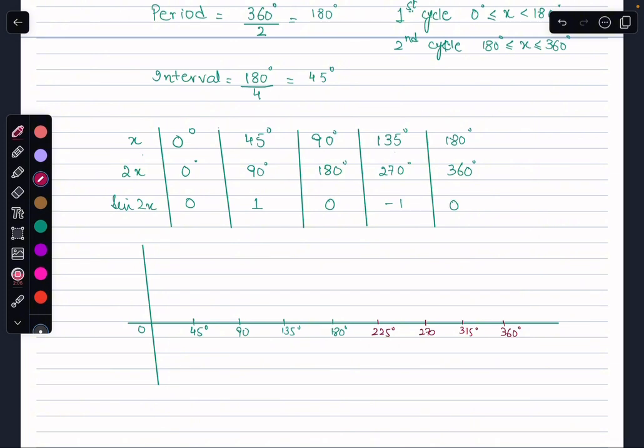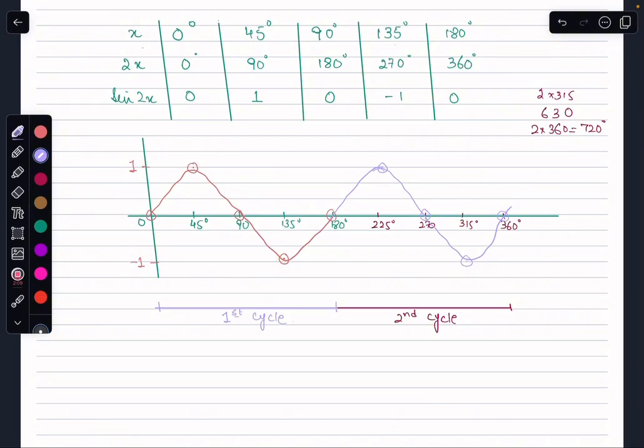Again, these are all intervals of 45 degrees, which when multiplied by 2 will give me the axes values as 0, 90, 180, 270 and 360 degrees. 2 times 225 will give me 450 degrees, 2 times 270 will give me 540 degrees, 2 times 315 shall give me 630 degrees, and 2 times 360 shall give me 720 degrees here.